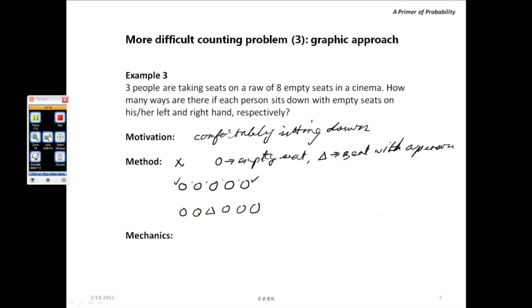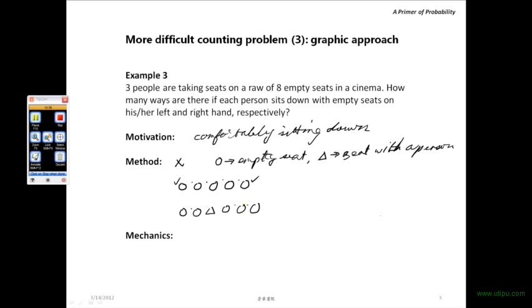What's next? We continue to count the remaining spaces for the second person. 1, 2, 3. Now, we obtain 3 ways for the second person.